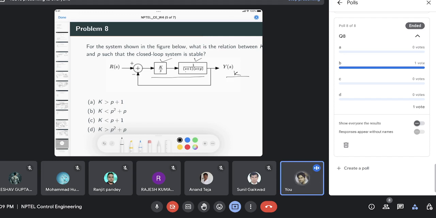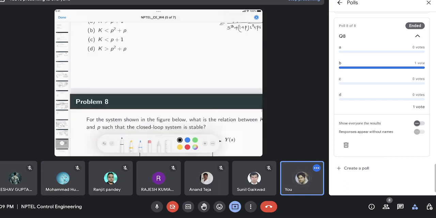So you have s times s plus 1 into s plus p, which is s into s square plus 1 plus p s plus p, so it equals k by s cubed plus 1 plus p s square plus ps, right?